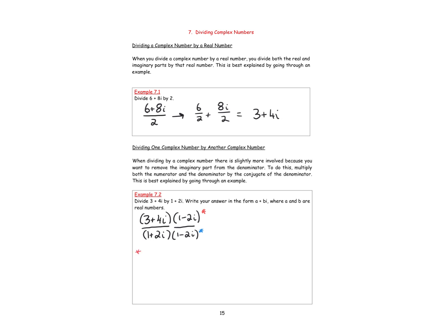So the top line I have here indicated by the red, and this is 3 plus 4i multiplied by 1 minus 2i. This becomes 3 by 1 and 3 by minus 2i, 4i by 1 and 4i by minus 2i.